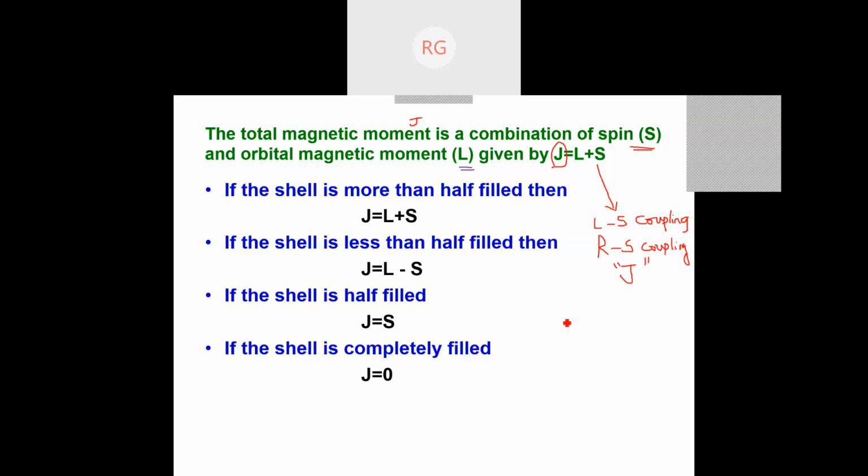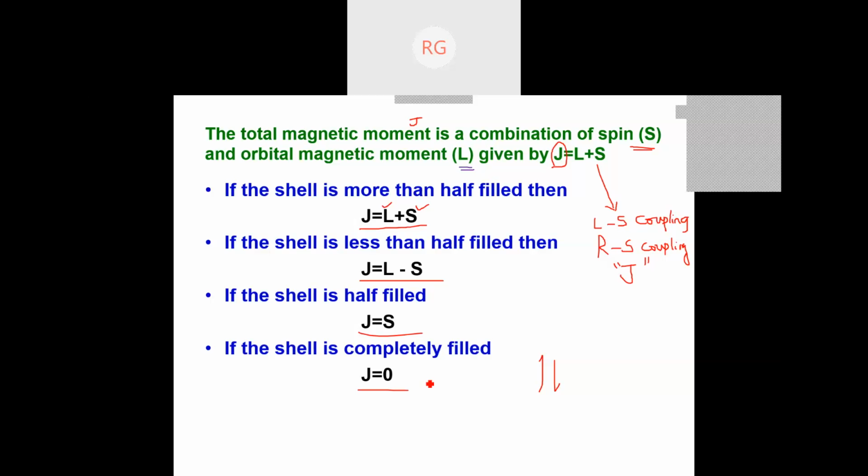If we take an atom, if the shell is more than half filled, then the total moment is L plus S. If the shell is less than half filled, then the rule is J is equal to L minus S. I'm talking about the total orbital momentum L and the total spin moment S. And if the shell is half filled, J is equal to S. If some shell is completely filled, because the up spin and down spin and orbital momentums are cancelled together, I'll get zero. And such materials will not show the dominant magnetisms.